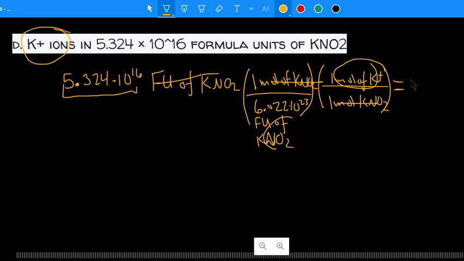So my result, I found D to be 8.841 times 10 to the negative 8th. All right, and my unit is moles of potassium ions.